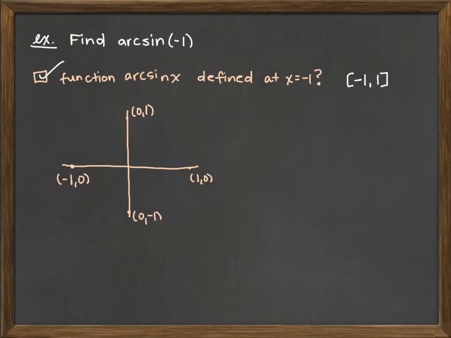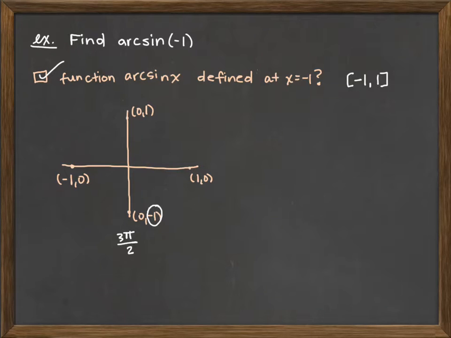So what are we looking for? We're looking for an angle so that when we take the sine of that angle, we get -1. So we are actually going to be concerned right here. That's when the sine is -1, and that's going to happen at 3 pi over 2.